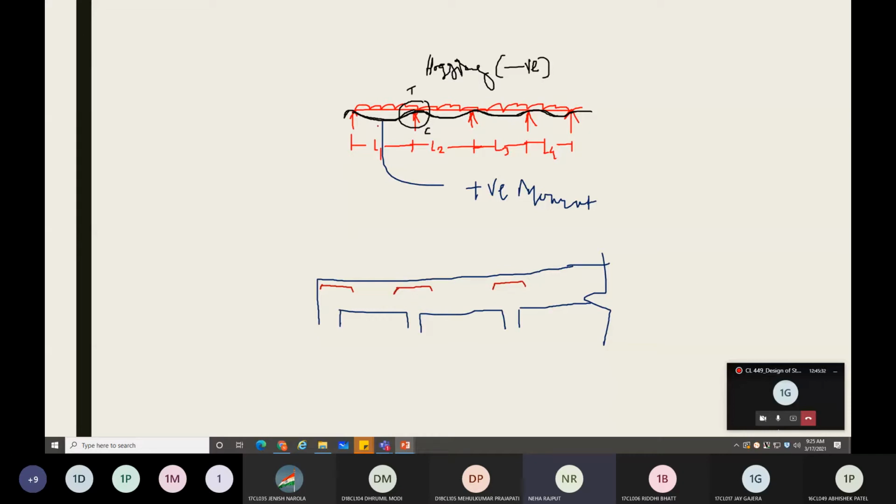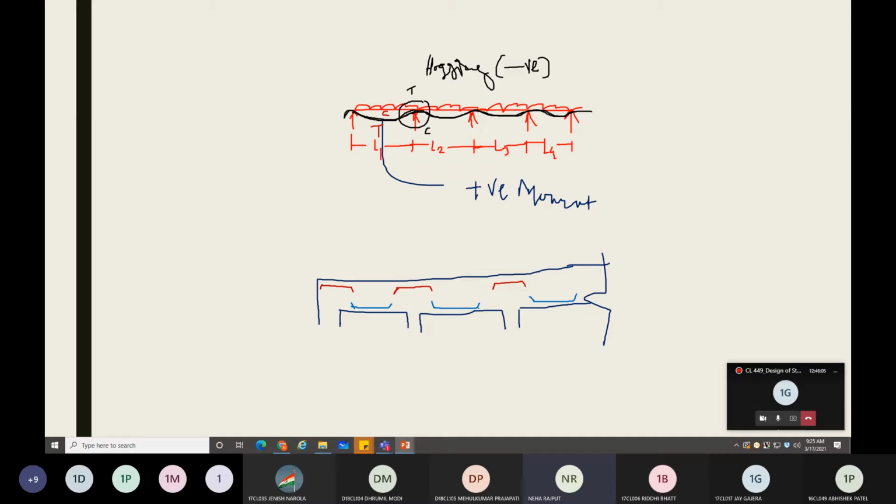Right. And here tension is at bottom, compression is at top, meaning the reinforcement that you provide in the span, tension is at bottom. So here you provide the tension reinforcement like this. The main reinforcement you provide at the tension side, and again you provide the additional or distribution steel at the compression side.